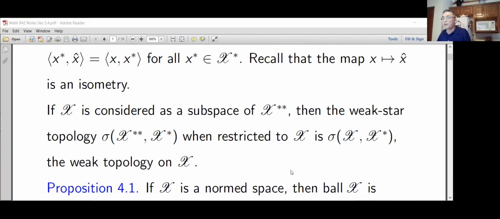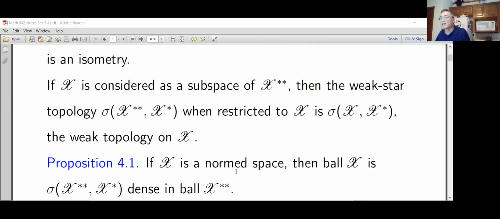So now, proposition 4.1. If X is a normed space, then the ball of X is dense in the ball of X double star in the topology sigma(X double star, X star).